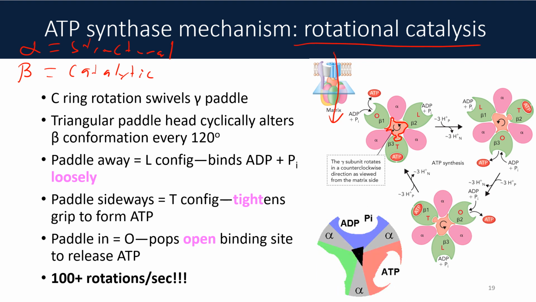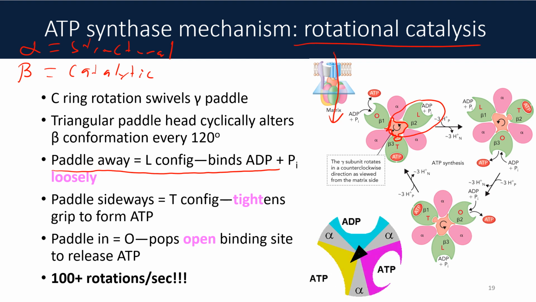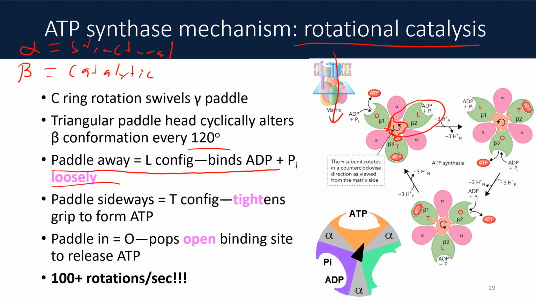When the paddle points away from a given beta subunit, it's going to have that loose configuration where we will have the flexibility to bind ADP and inorganic phosphate through induced fit. Let's rotate the paddle 120 degrees. Now the paddle is facing sideways with respect to that beta subunit. It is going to force it to tighten onto that substrate.